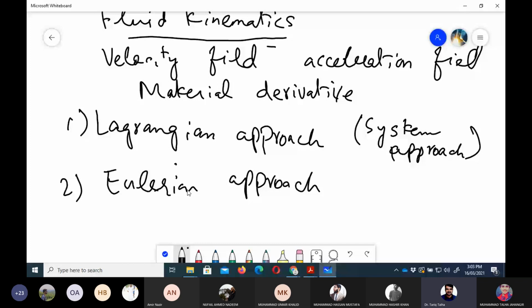The Lagrangian approach is the speedometer of your vehicle, and the Eulerian approach is the speed gun used by traffic police to record the speed of your vehicle. That is the difference between the Lagrangian and Eulerian approach. We also call it the control volume approach.